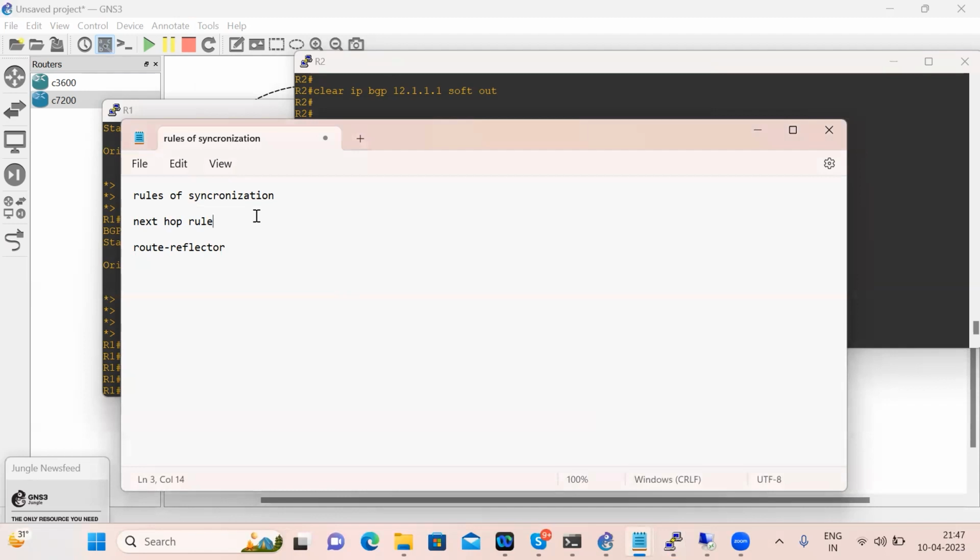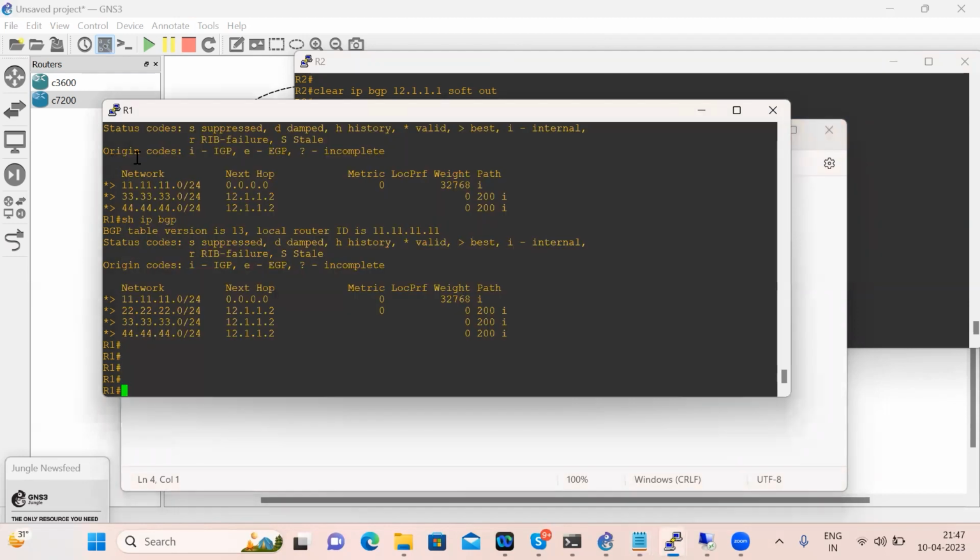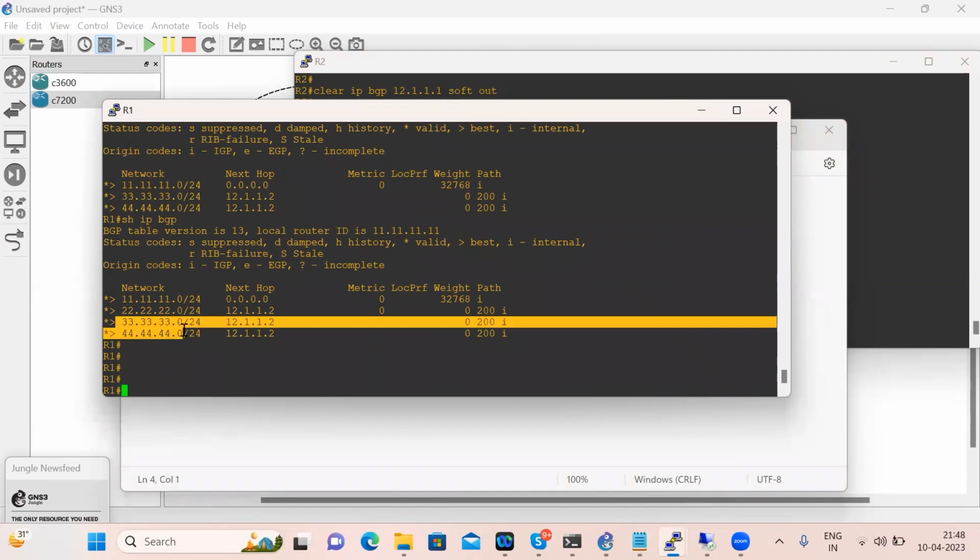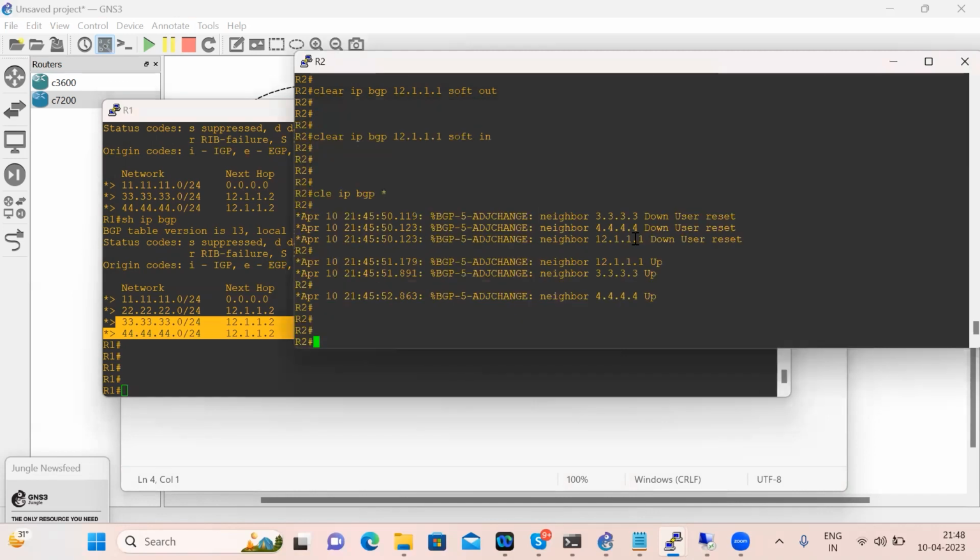Next, can we ping from R1 to the iBGP numbers? Not yet. The 22 network, 33 network, and 44 network are the advertised networks in the iBGP routers. 33 and 44 are advertised by iBGP to router 2. Can you show it on router 2, sir?